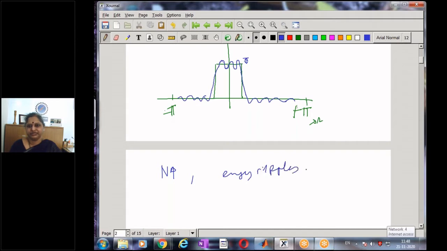The width of the transition band also decreases. So as I increase n, the filter is improving in many aspects. But there was one aspect that did not decrease, and that was the overshoot.